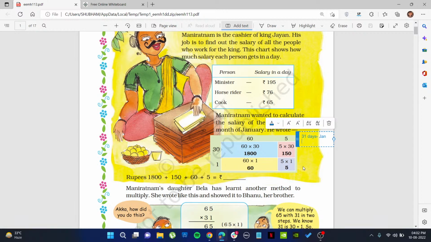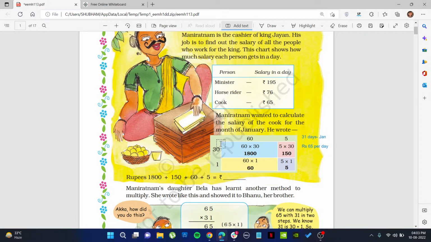Okay, and when it comes to amount per day which cook is getting, it is how much? It is 65 rupees. 65 rupees per day.